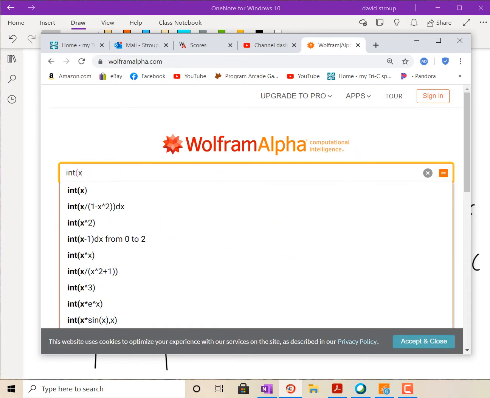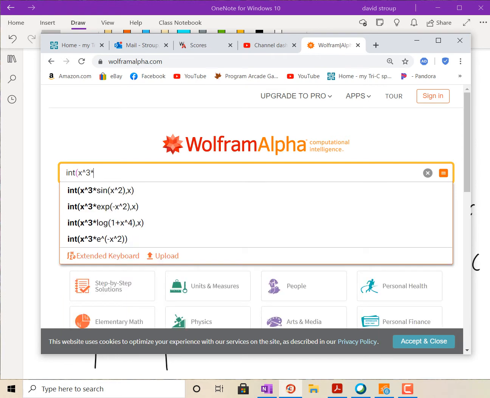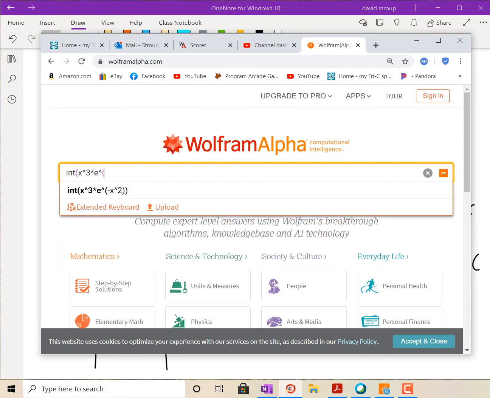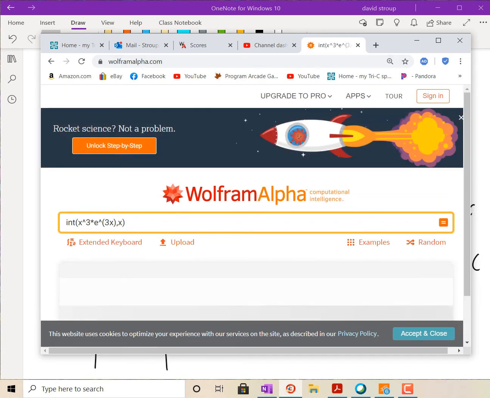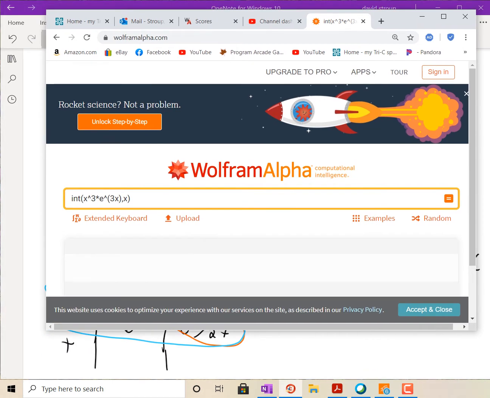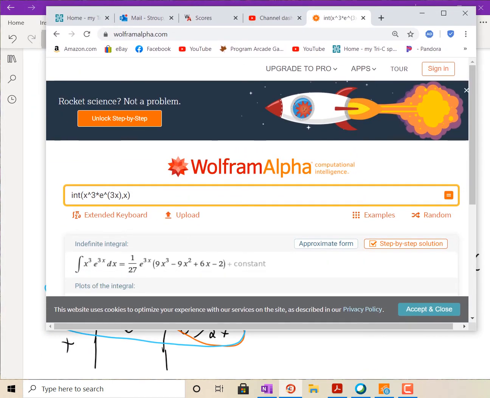Integral of x cubed times e to the 3x dx. Integrate that, and hopefully we get the answer.